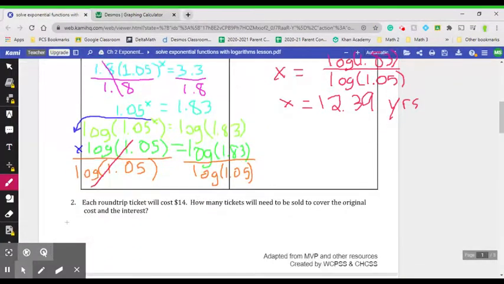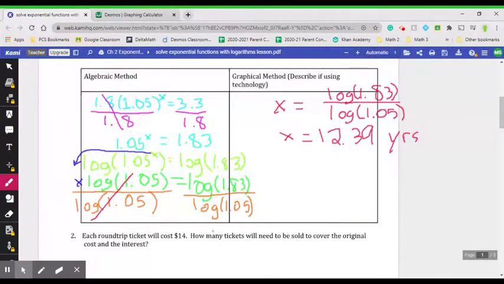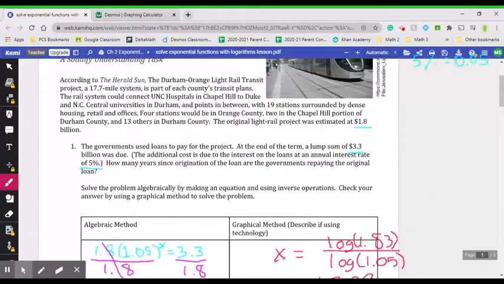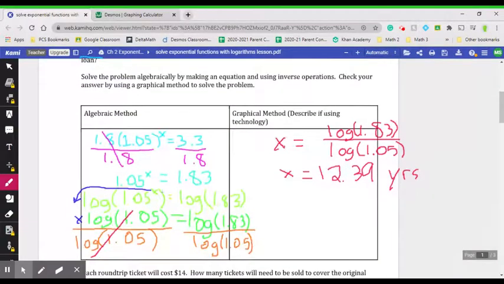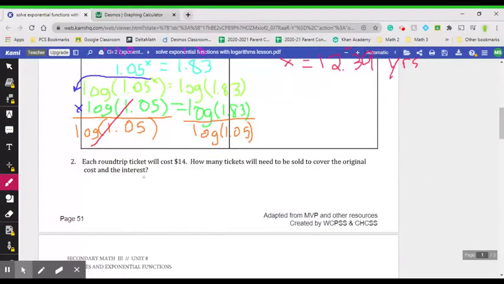Moving on, each round trip ticket will cost $14. How many tickets will need to be sold to cover the original cost and the interest? So if we are looking at the total cost of 3.3 billion, we would just be doing 3.3 billion divided by 14.